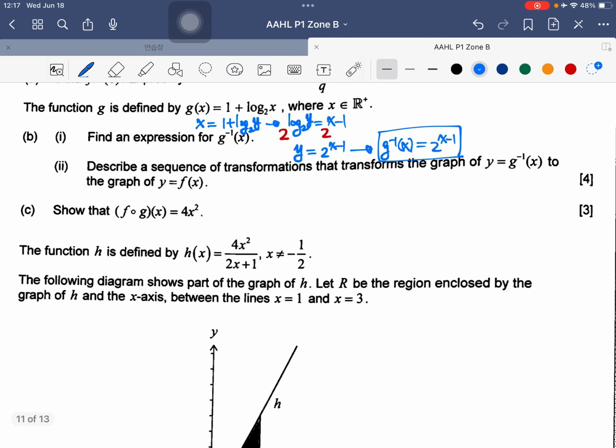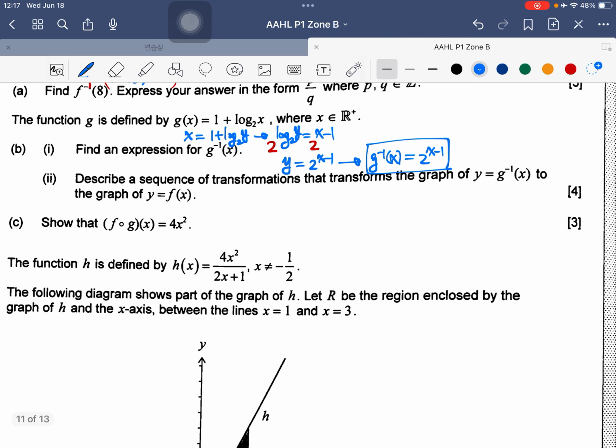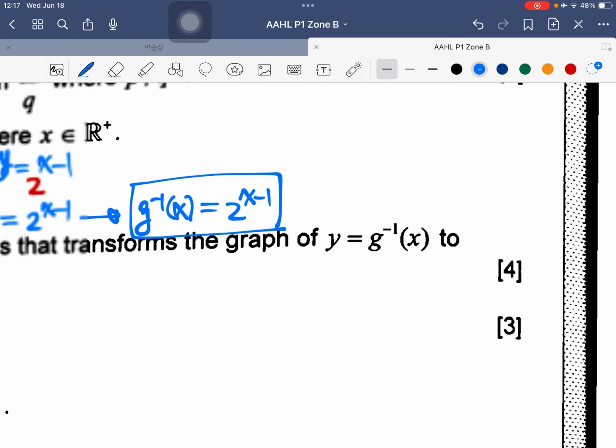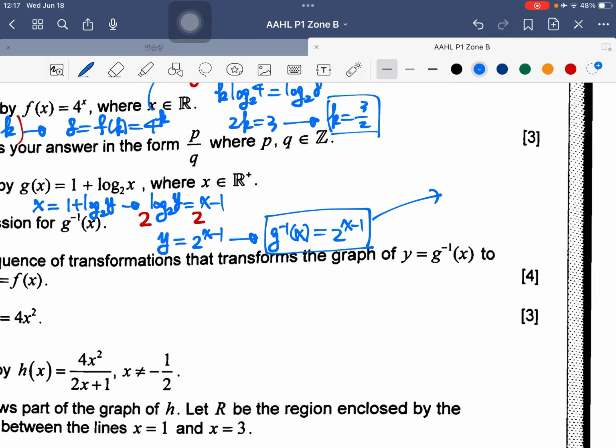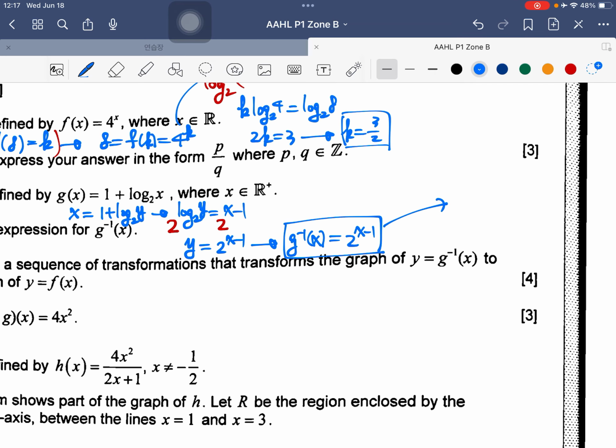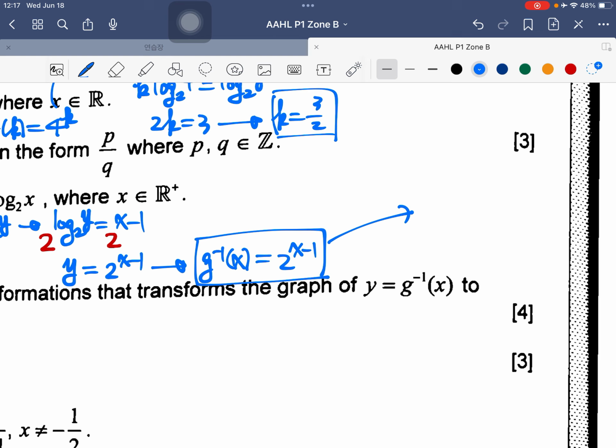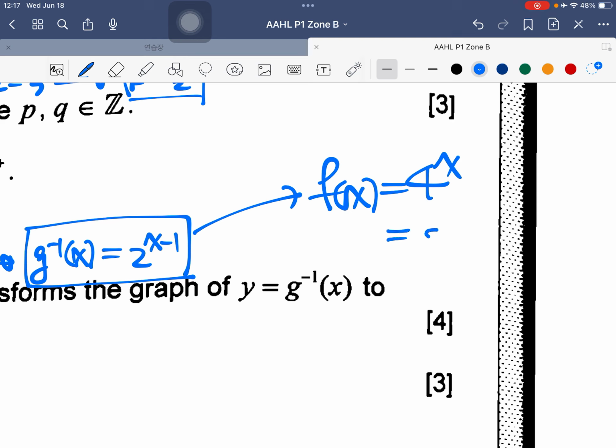Describe the sequence of transformations that transforms y equals g inverse of x to y equals f of x. So this function is transformed to f of x, which equals 4 to the x power. 4 is 2 squared, so 4 to the x power equals 2 to the 2x power.